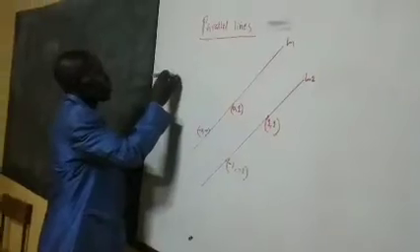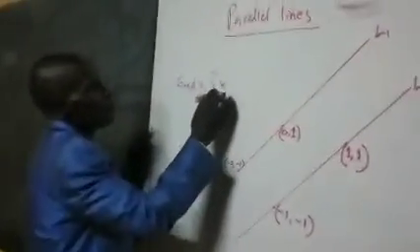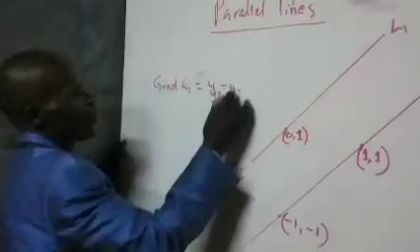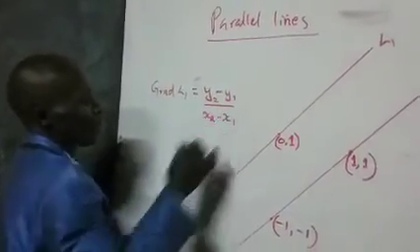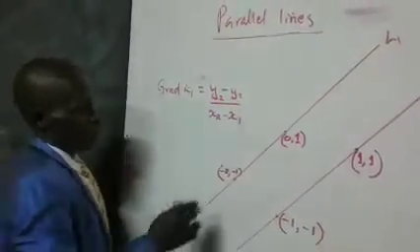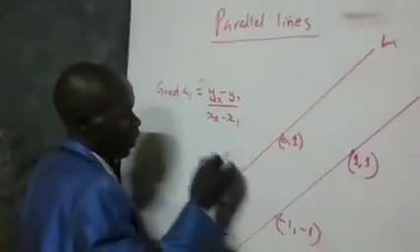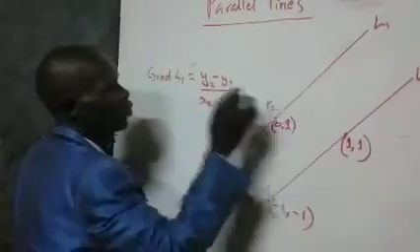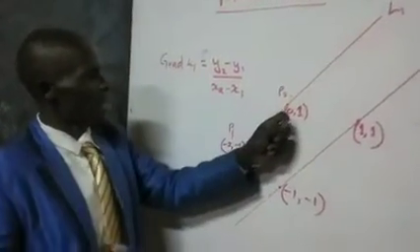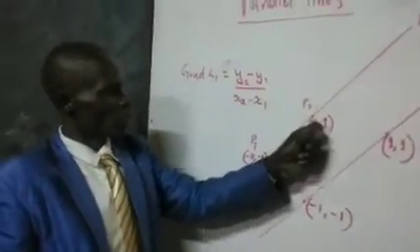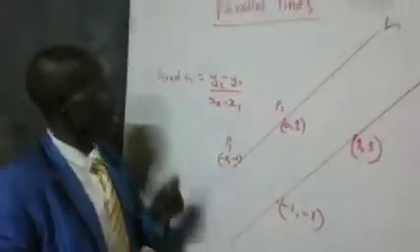So gradient of line L1 should be change in y, that is y2 minus y1, over change in x, which is x2 minus x1. So we must declare our points. If we say that this is our P1 and that is our P2, then from the point P2 we will get x2, y2, and from the point P1 we will get x1, y1.